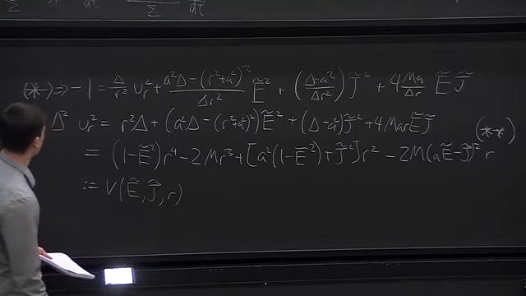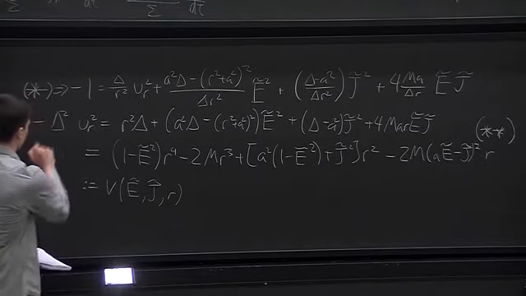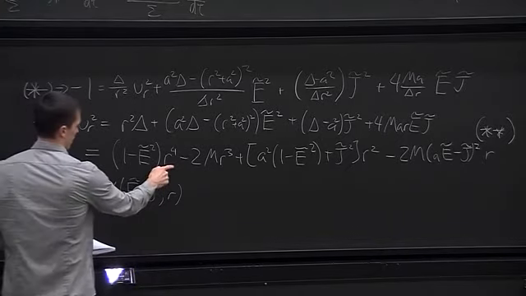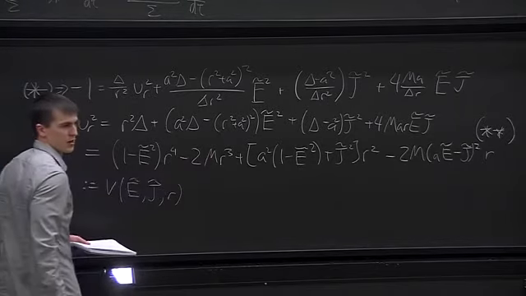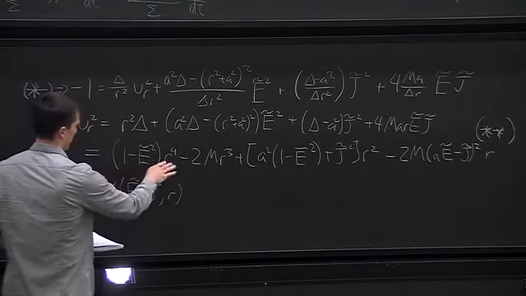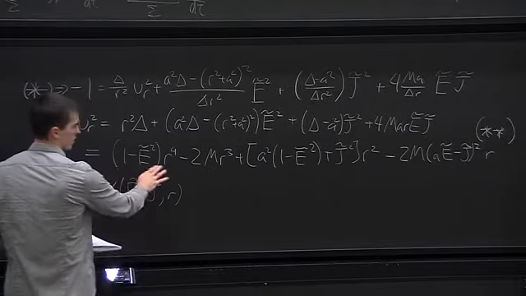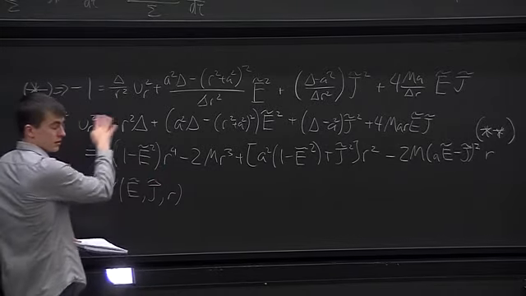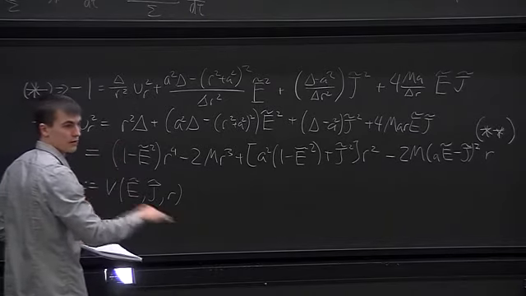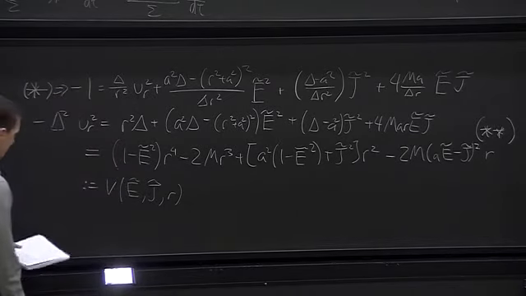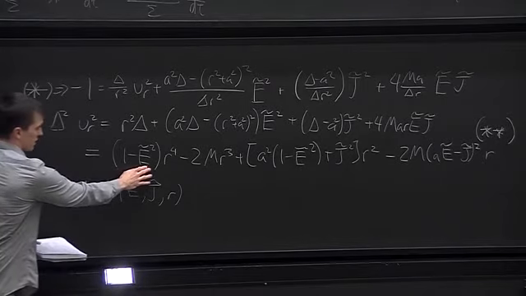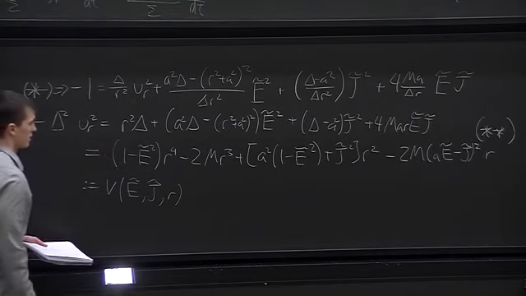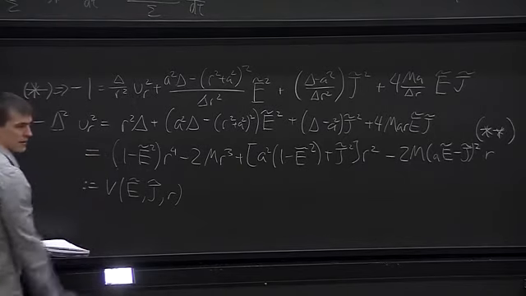And you'll notice that, because this goes like r to the fourth, if we go to very large r, this will not blow up with r. We'll just get this leading order term. So if we have a marginally bound orbit, then the potential will go to 0 as r goes to infinity. And if we have a bound orbit, so this is a positive term, then it'll asymptote to this positive value.